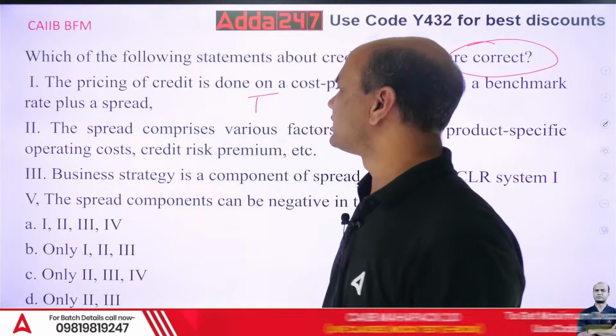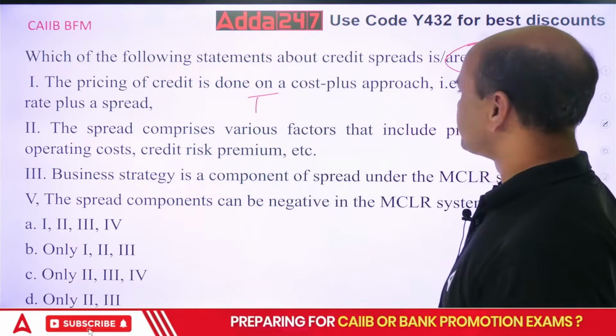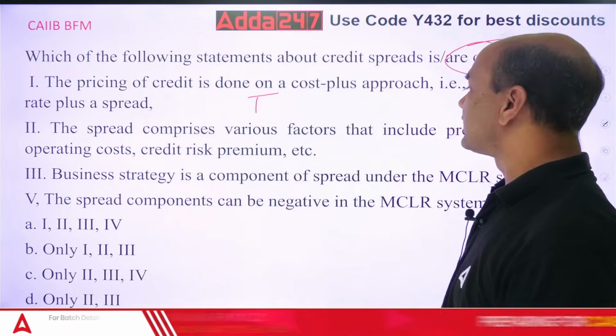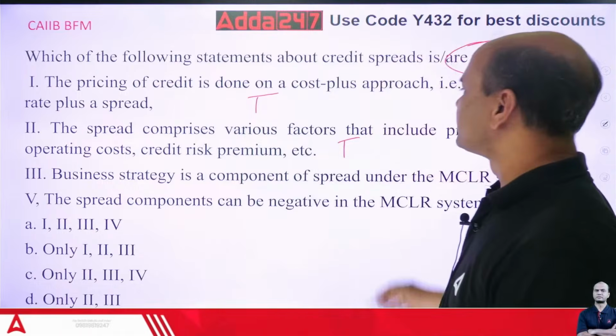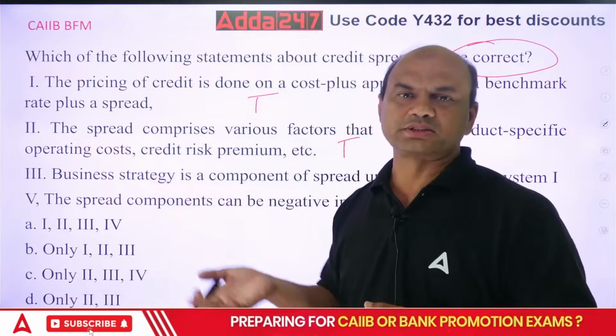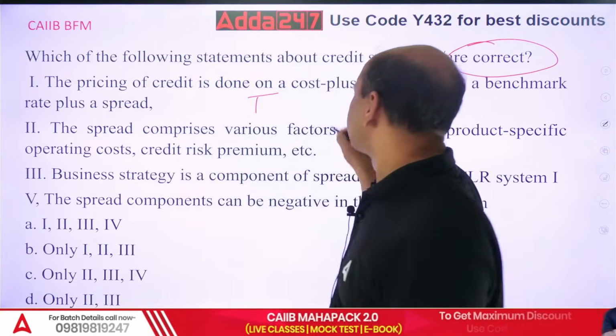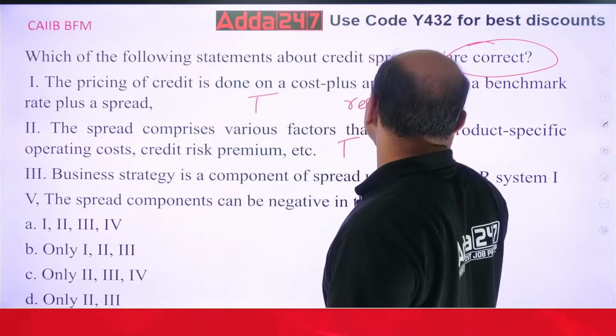What about the second one? The spread comprises various factors that include product specific operating cost and credit risk premium. So that is also true, right? Because the spread means what? The difference. Benchmark plus 2%. So it's like this, repo plus 2. This 2 is known as spread.